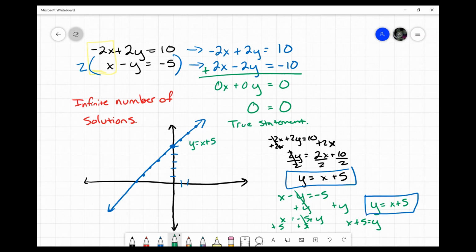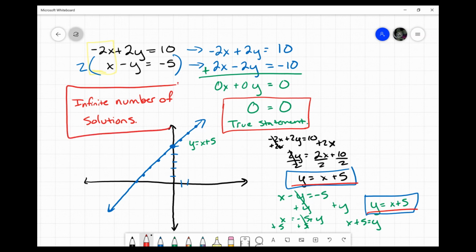And that's why we end up getting this true statement, because if it's true for one equation, it will be true for the other, because they are the exact same equations. That's why we would just say that there are an infinite number of solutions. No matter what value of x and its corresponding y is selected, we plug it in and it will work out for both of these equations.